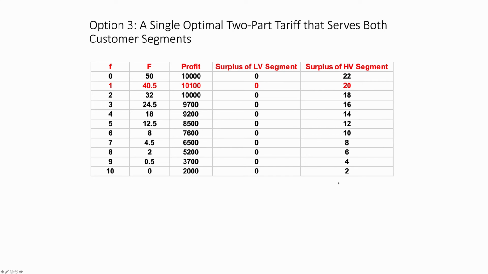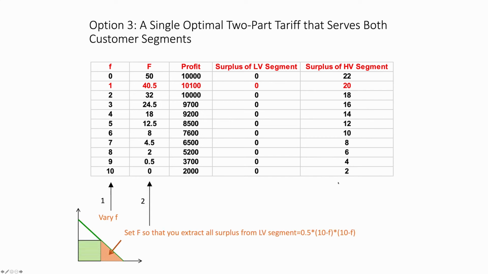In order to optimize the two-part tariff plan, we need to take the following steps. Step 1 is we know the usage-based fee has to vary between 0 and 10 because when small f is above 10, the demand from the low-value segment goes to 0. We vary small f between 0 and 10. And the second step is we set big F so that you can extract all the surplus from the low-value segment.